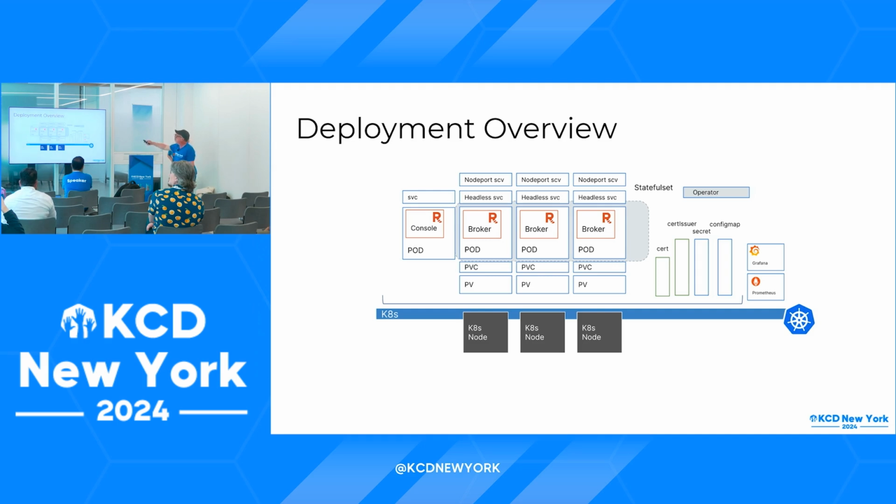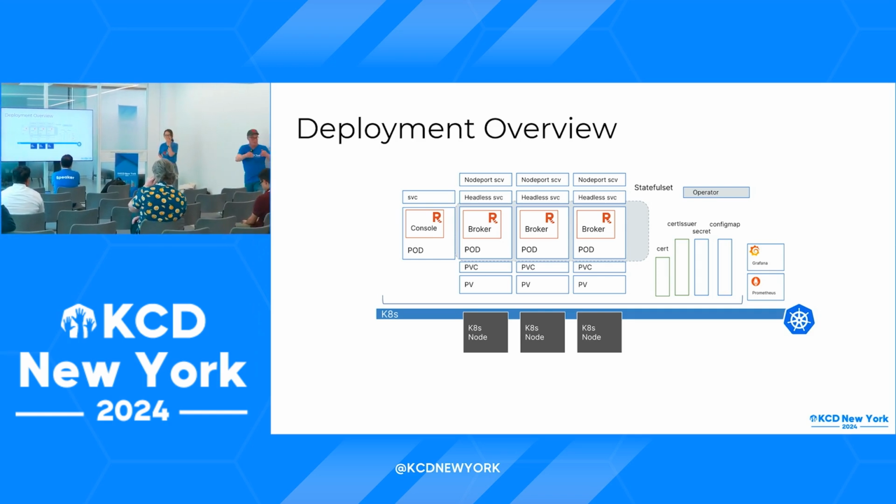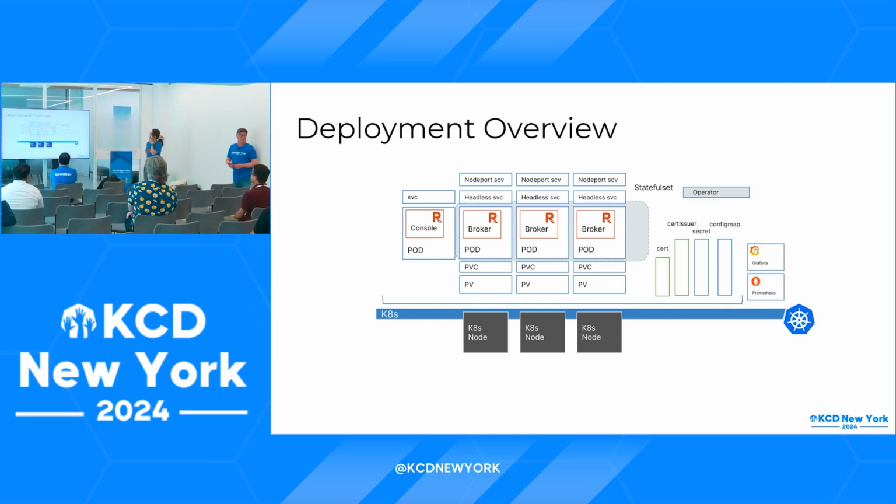So Red Panda's architecture in Kubernetes is very straightforward. In most implementations, a single Kafka broker or a single Red Panda broker is assigned to a single Kubernetes node for performance reasons. There are a number of different ways to do it. That is not a requirement, but that's the typical pattern we see. Storage is implemented as persistent volumes and PVCs, so it's very easy and Kubernetes-like.